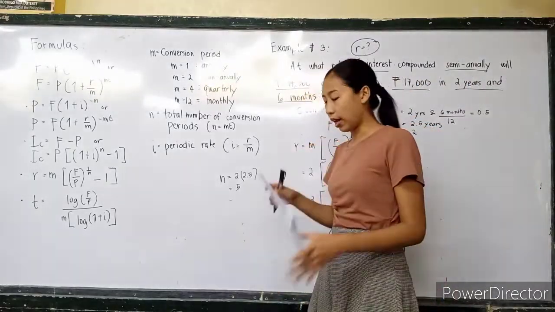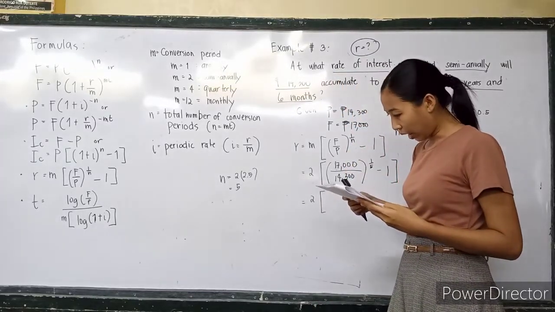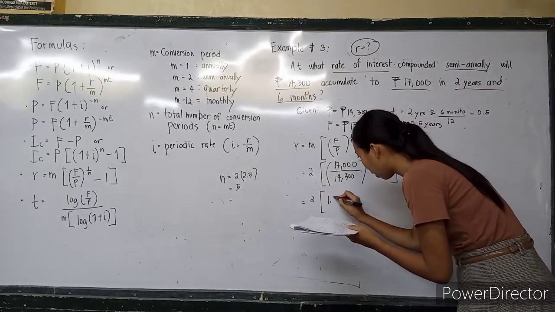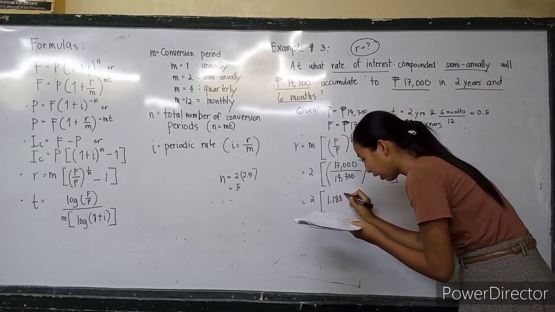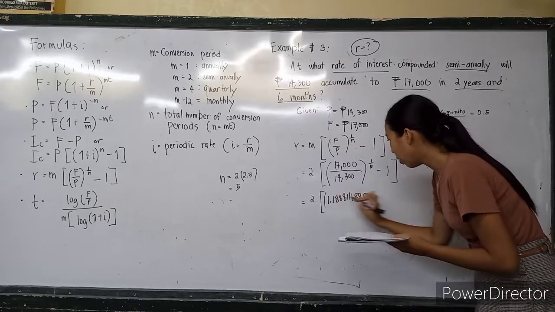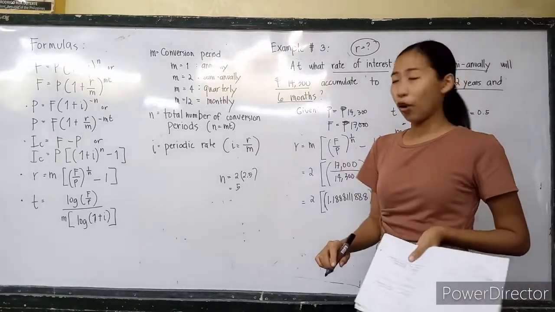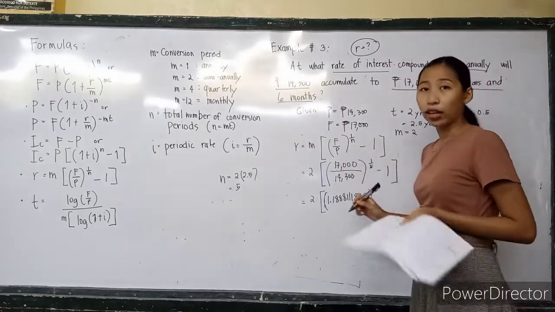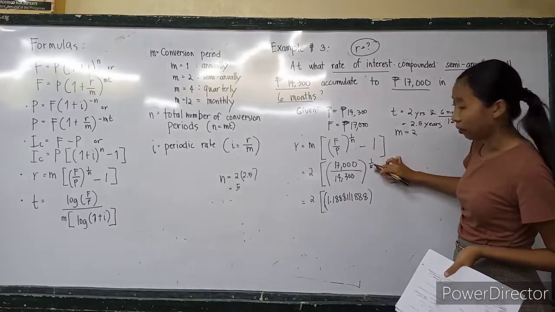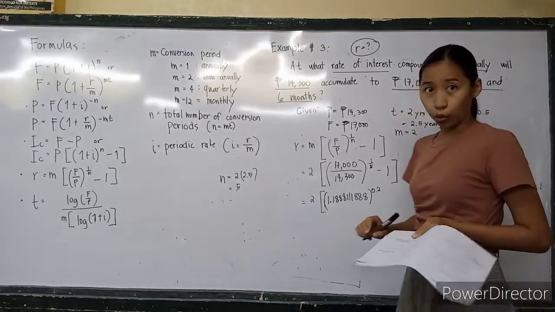So, ang answer, anak, would be 1.18881111888. No? Parenthesis ni siya. Tapos, raised to the power of 1/5. Kung atong i-divide ang 1 over 5, i-divide na nimong duha, no? Your answer would be 0.2.